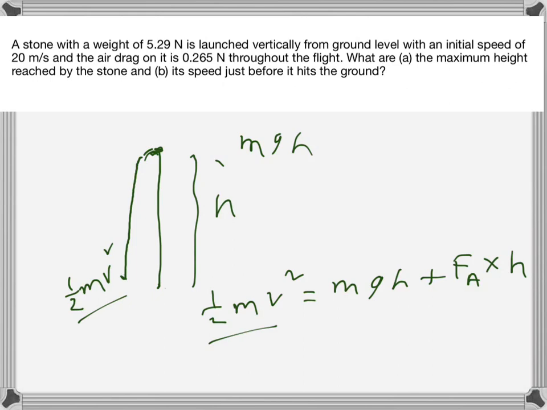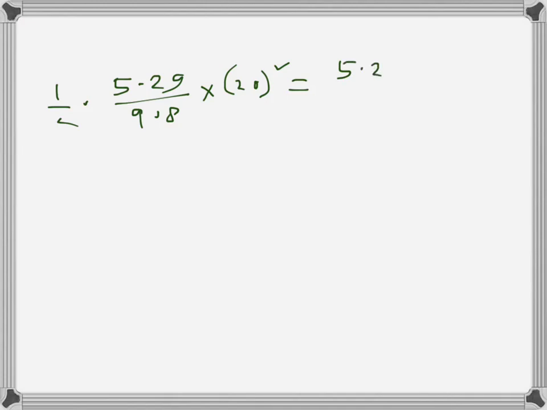So when we do that, plug in the values there. Half m is 5.29, that's weight over 9.8, then 20 square, and here again that is mgh, so mg is 5.29, so I'm just writing directly, and then equals to, sorry, that would be plus 0.265 times h.